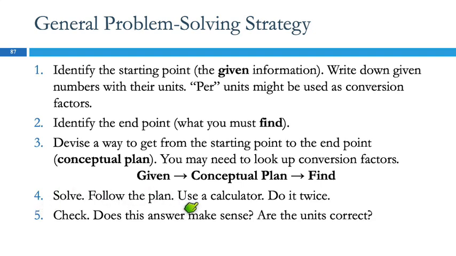Use a calculator. Don't try to do math in your head. Or if you really like doing math in your head, check your work with the calculator, please. Do it twice on the calculator. Just the other day, I don't remember if it was you guys or the other class, I did something wrong on my calculator and got the wrong answer, right?